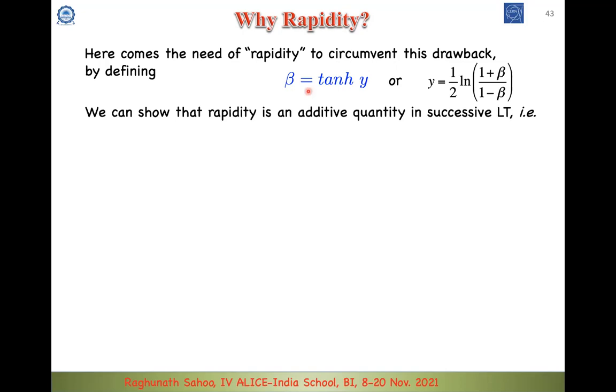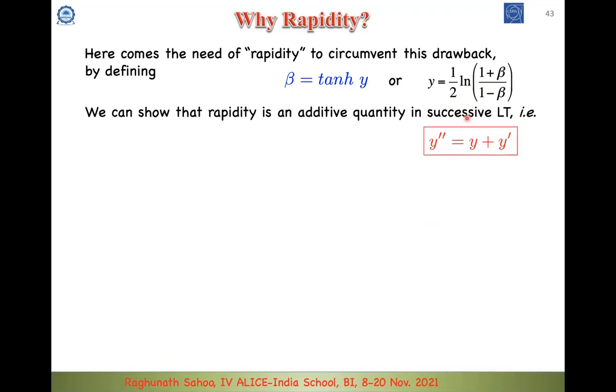So we can show that rapidity is an additive quantity in successive Lorentz transformations. Now I showed that beta is not additive, it is nonlinear. But if I make a transformation to rapidity, I can show that under successive Lorentz transformations you will find it is additive. So can anybody show this? I think many of you have done it.